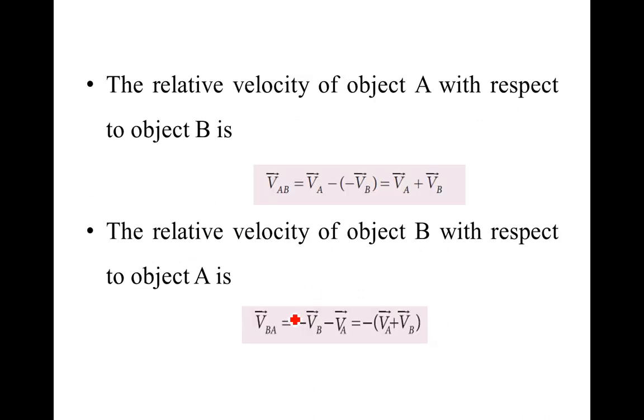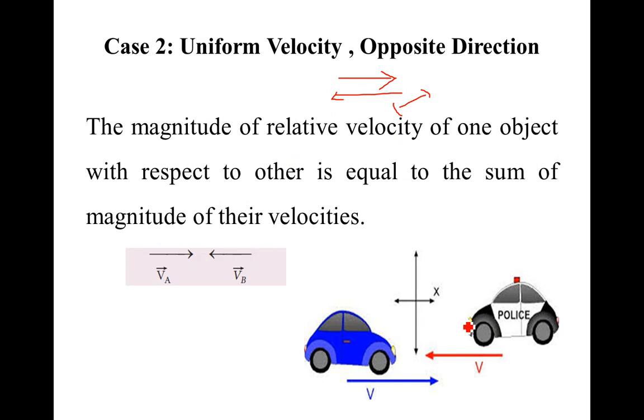So for VAB, the relative velocity of A with respect to B, the formula is nothing but VA minus VB, isn't it? The first object has VA, and the second object has VB.